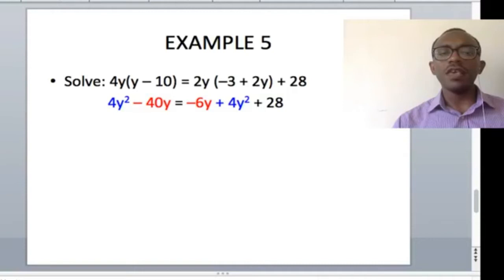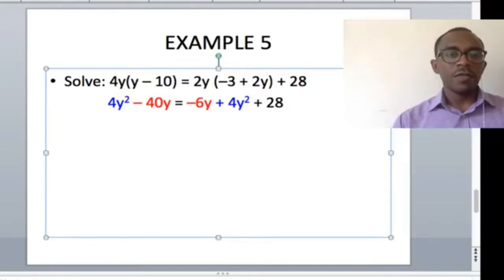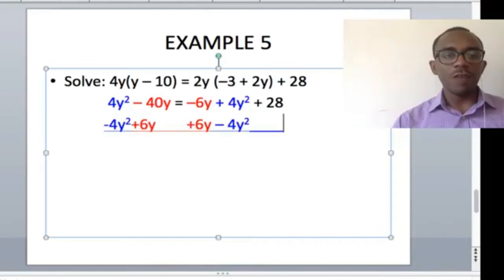But let's see if this power of 2 is important or if it's something that will be considered. When I subtract 4y squared on both sides, what will happen? The 4y squared get cancelled. The 4y squared get cancelled. What does that tell me? This power was there, true, but it was not important.